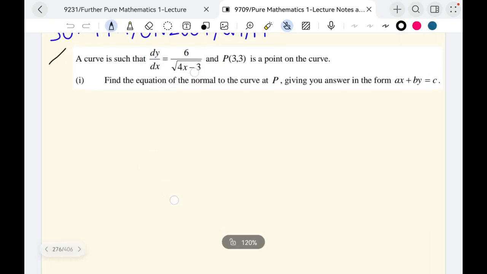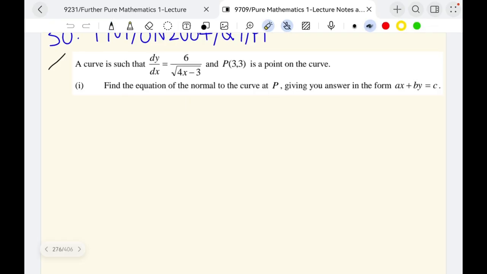So now, since it only wants the equation of the normal to the curve in the standard form, you don't have to convert back into the equation of the curve because that involves integration.